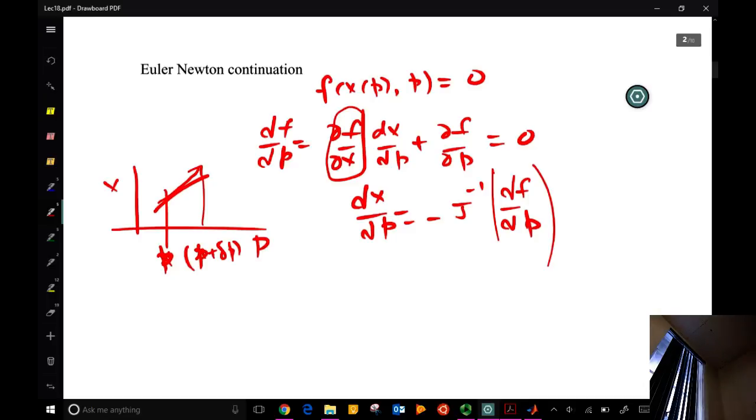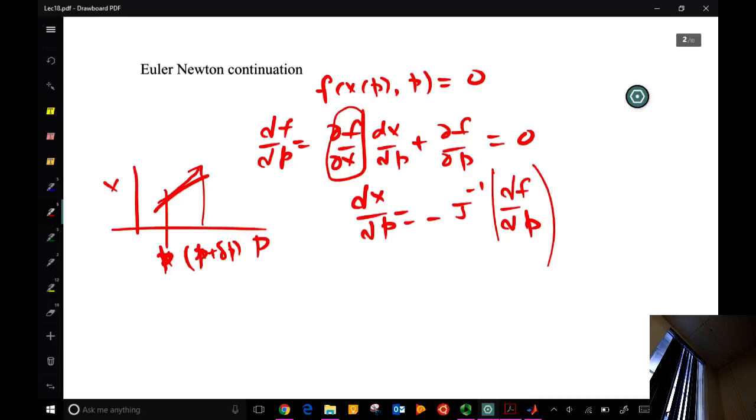So it's a Taylor series expansion. Numerical method, fundamental building block is a Taylor series expansion. So this is, you can think of it as a first derivative expansion. You can do this for second derivative as well. So this is the tangent vector dx dp, computed simply as minus J inverse df dp.